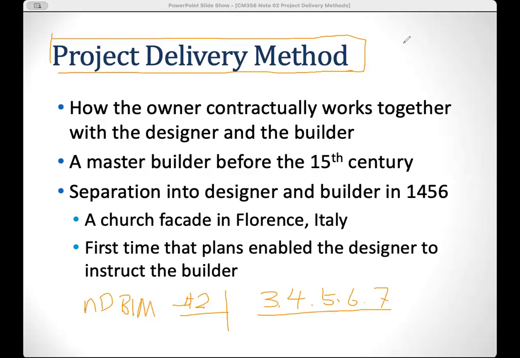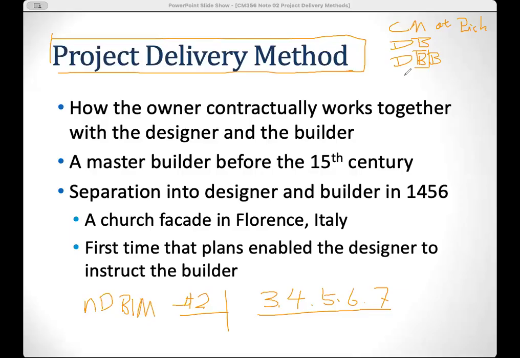Construction manager at risk, so CM at risk. Design build. Design bid build. Anything else? Is DBB the same as DB? DBB is really different from DB, because it has more of a bid process.